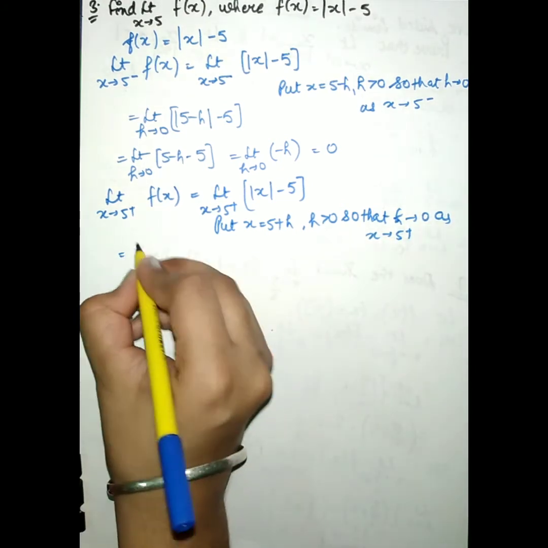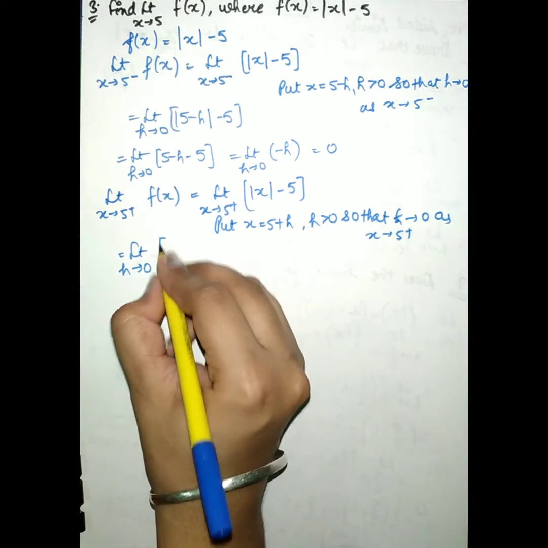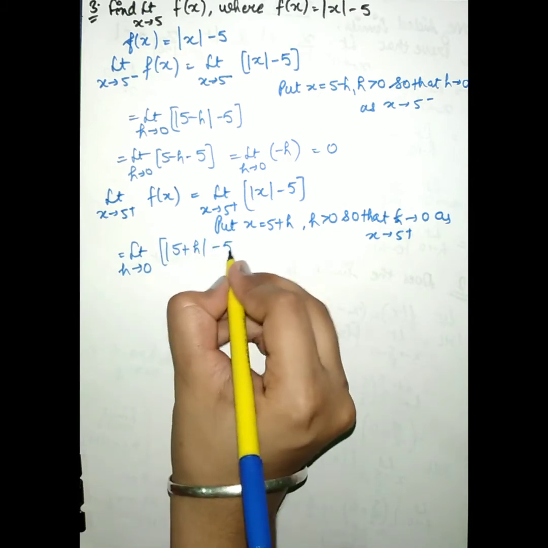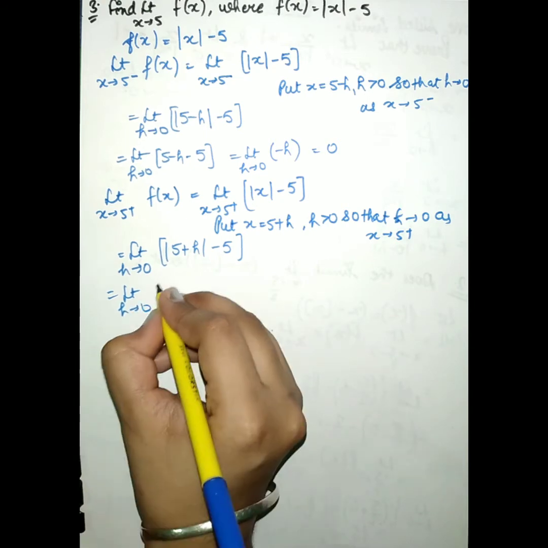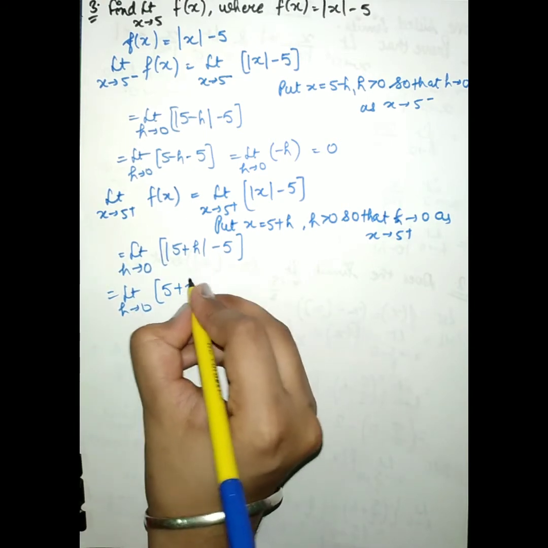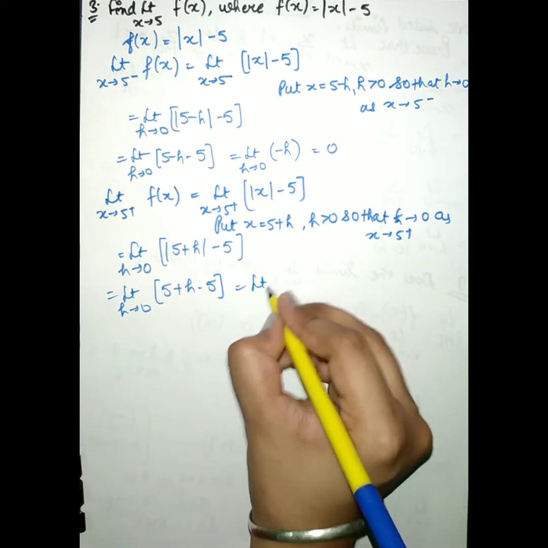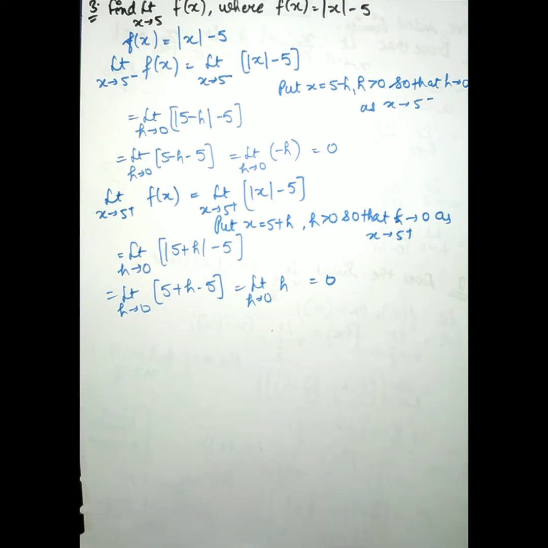Then it will become limit h approaches to 0, |5 + h − 5|. Then it will become limit h approaches to 0, 5 + h − 5. Then it will become limit h approaches to 0, h. Now put the value of h here, then it will become 0.